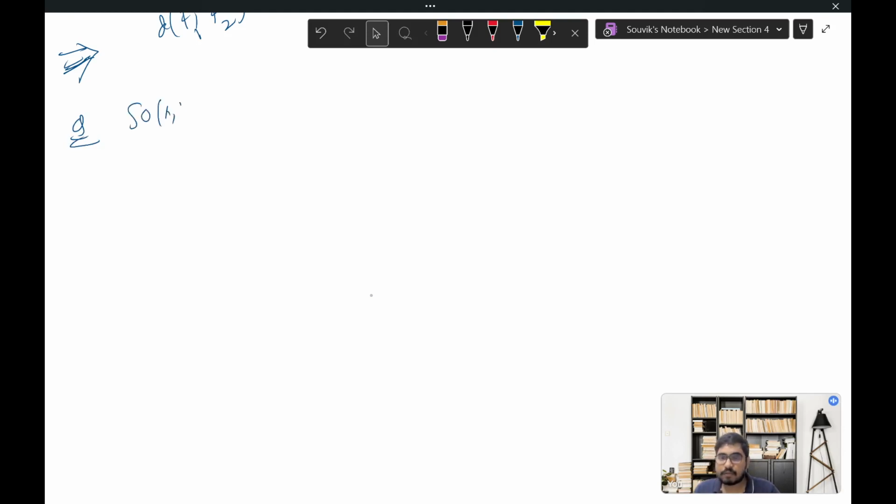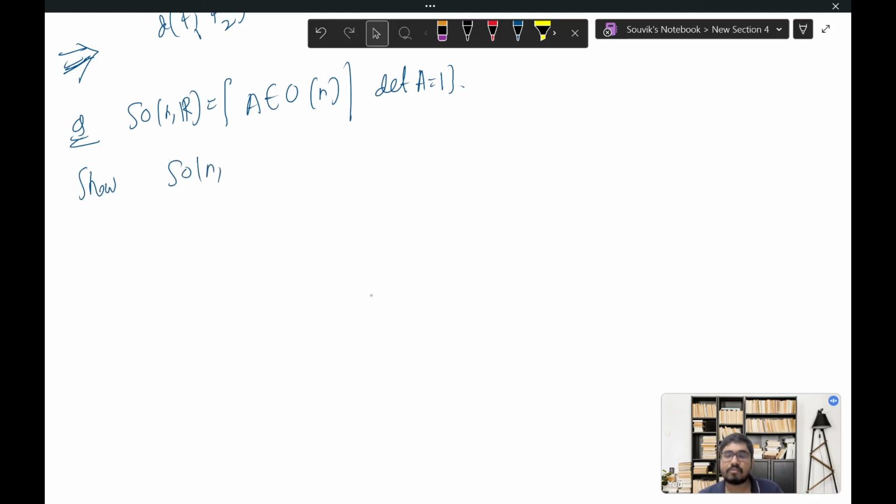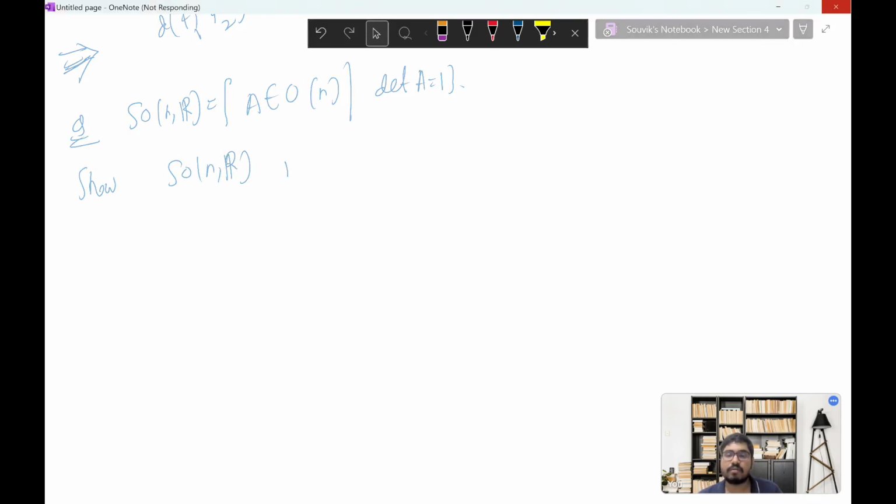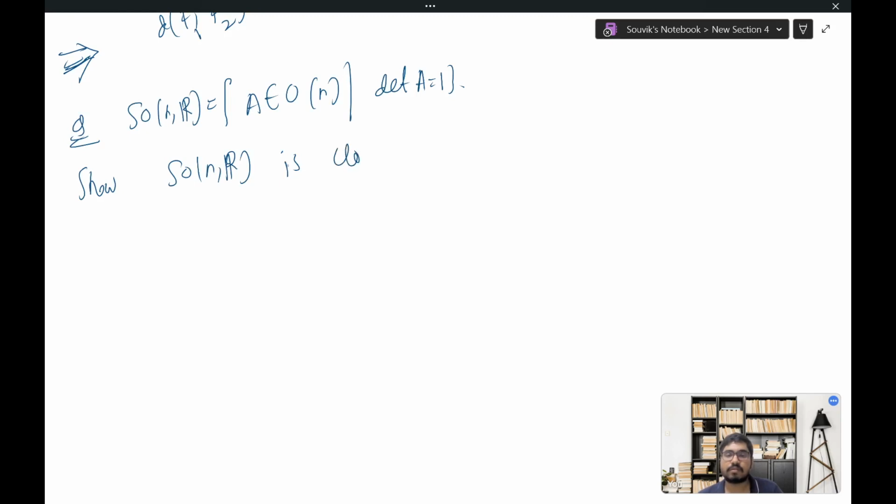Define SO(n) equal to all those matrices of O(n) such that determinant of A is 1. So the question is whether SO(n) is closed in O(n).